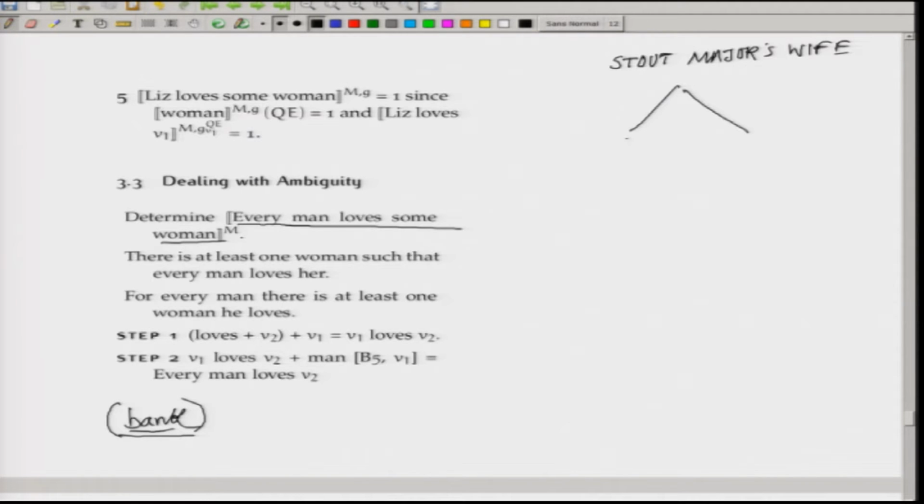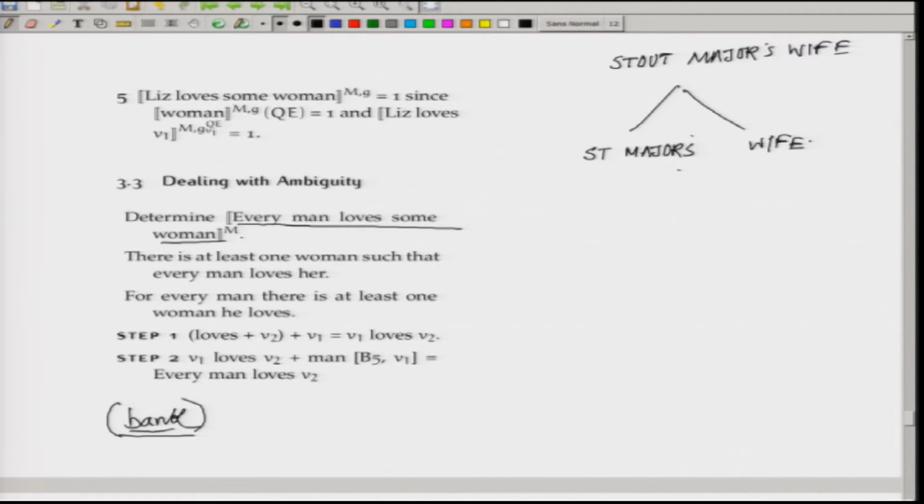One, stout and then Major's wife, where the wife is stout. The other one is where the major is stout. So you can have something like stout Major's wife. They are not the same thing. It is evident that they are different things.